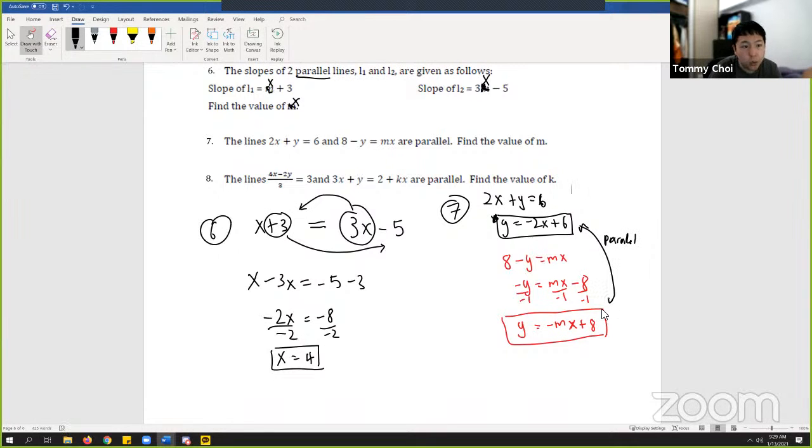Which tells you that the slopes are the same. So the slope for the first one is negative 2. The slope for the second one is negative m. Solve for m. Easy. Divide by negative 1. So m is 2. Done.